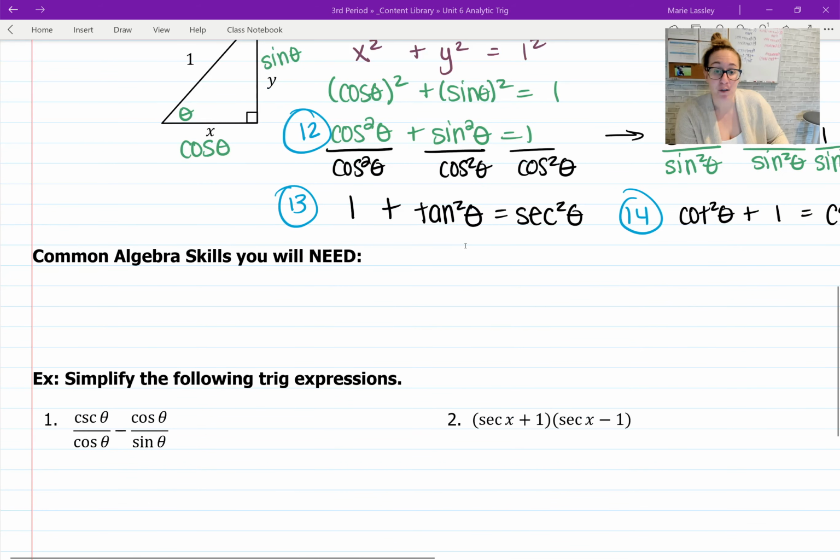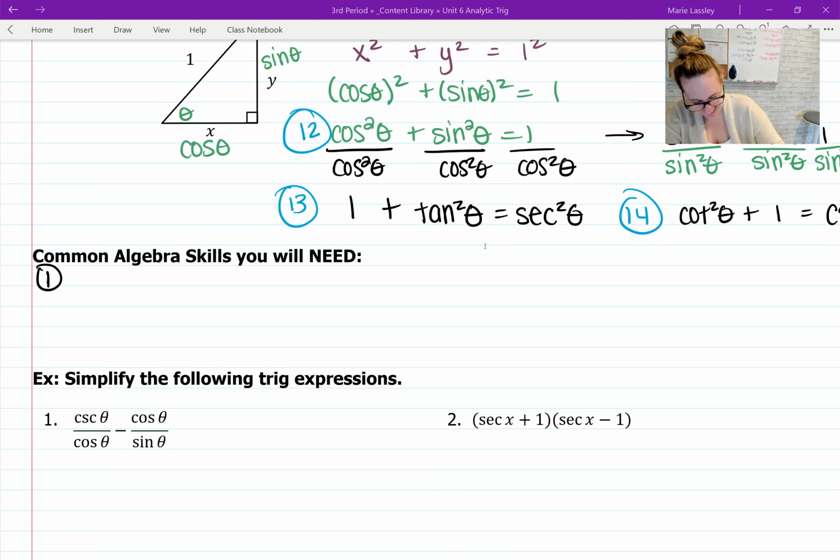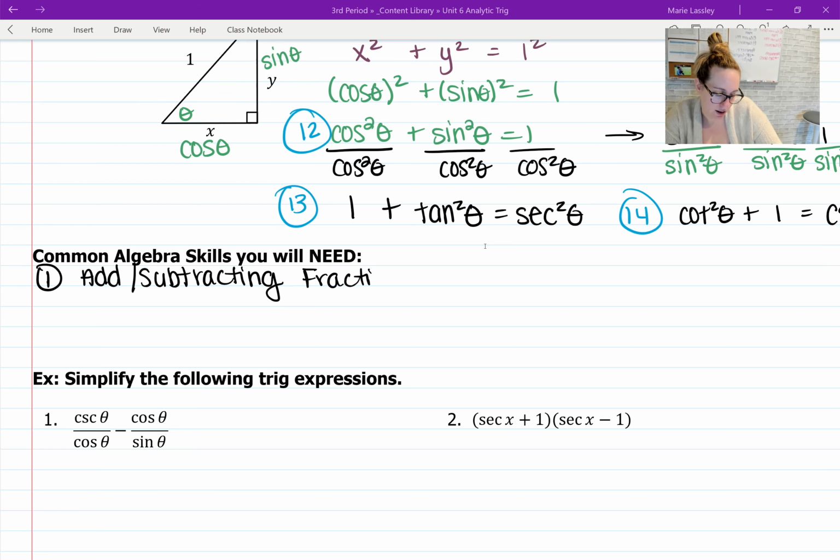Our algebra skills that we're going to be using all the time in this unit. The first one is how to add and subtract fractions. We are going to be doing a lot of adding and subtracting fractions, which means you need to be able to make a common denominator.